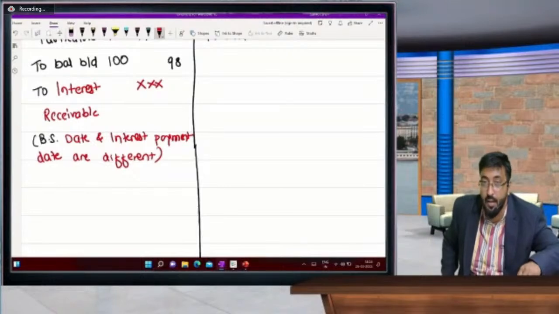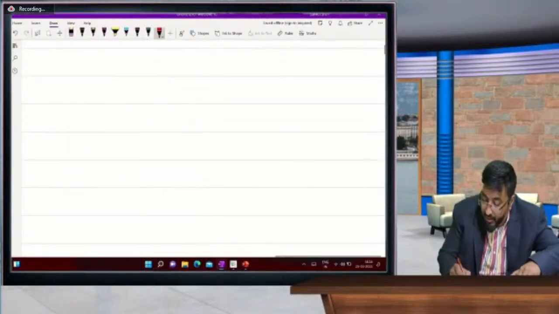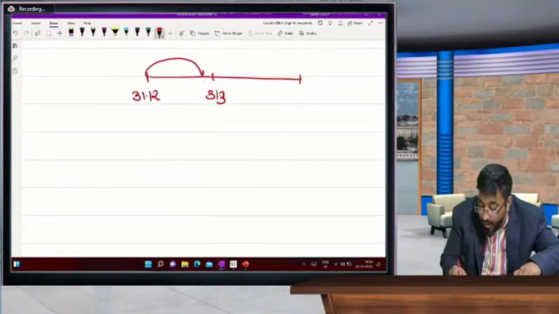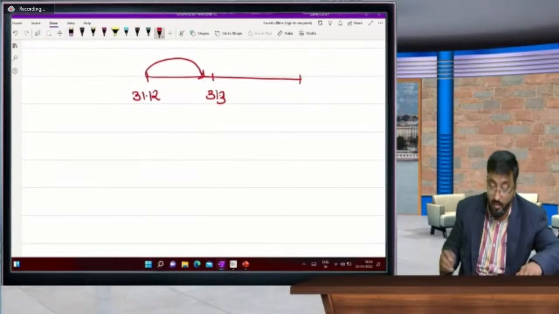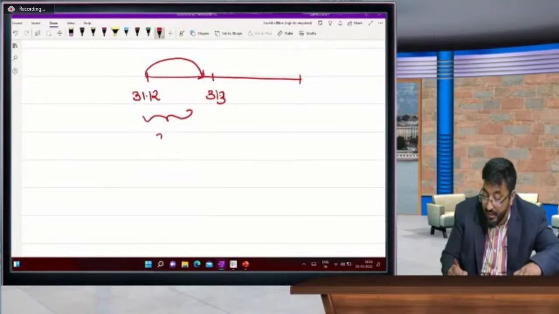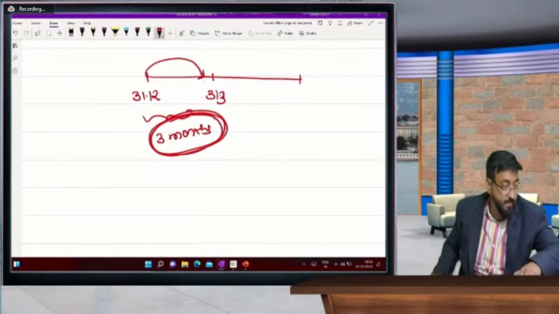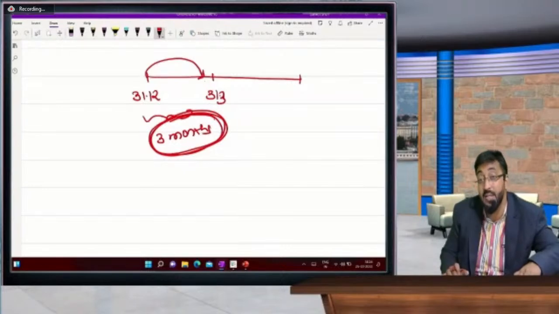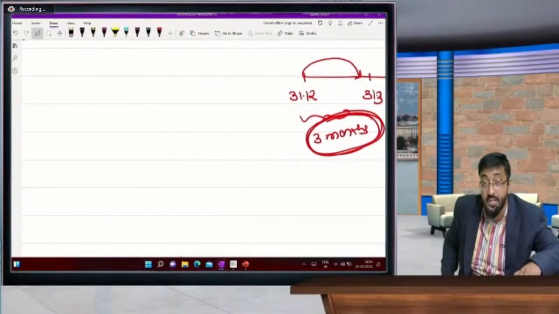For example, if our balance sheet date is 31st of March, and the company has paid the last interest to us on 31st December, so we are going to receive this interest of 3 months. This is as per the accrual concept, because our balance sheet date is 31st March and the company's interest payment date is 31st December. So we are going to receive 3 months' interest, the accrued concept.